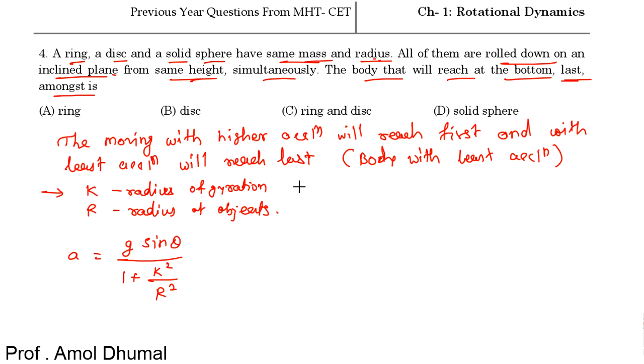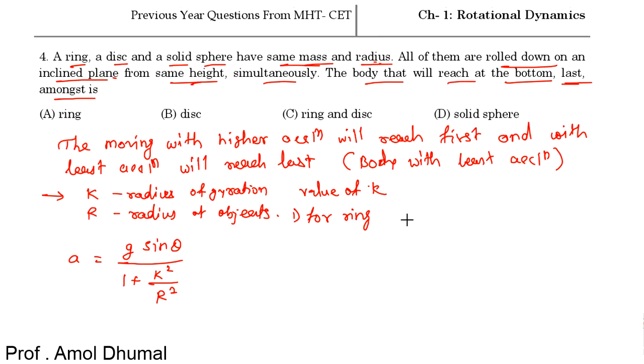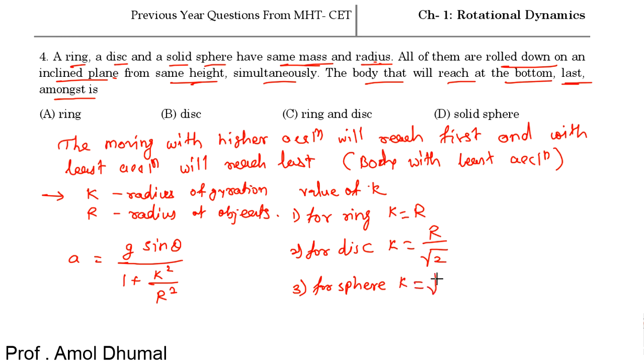First, the value of k: for ring, k is equal to r; for disk, k is equal to r by root 2; and third, for sphere, k is equal to root 2 by 5 into r.